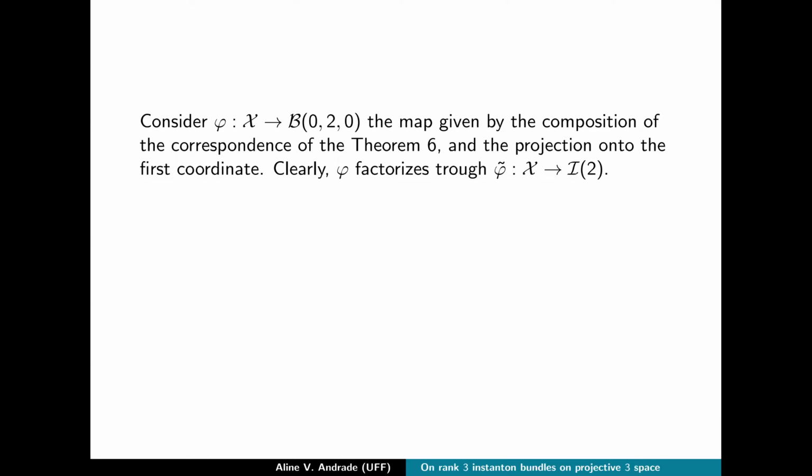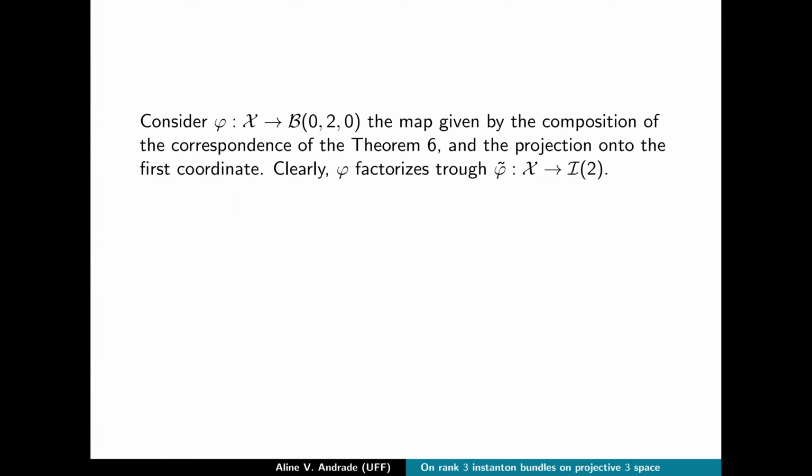Well, that means the correspondence between pairs of reflexive sheaves and extensions and vector bundles and sections. And this projection onto the first coordinate, so onto bundles. Well, clearly these factorize to our instanton bundles. The images of the reflexive sheaves are instanton bundles, so this morphism phi factorizes through phi tilde.